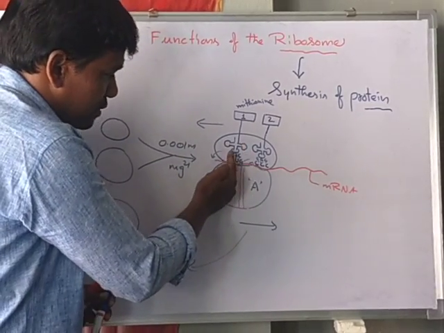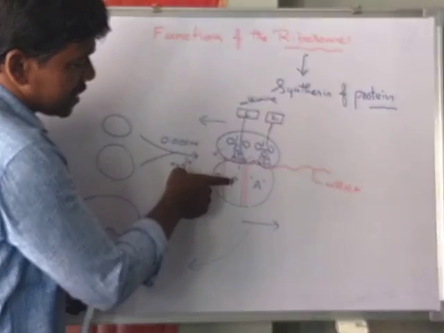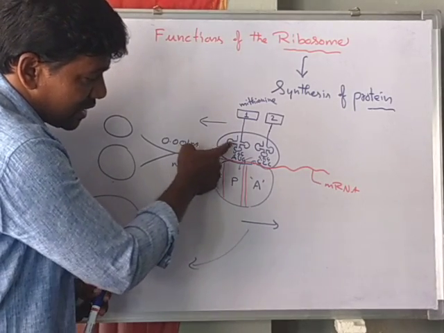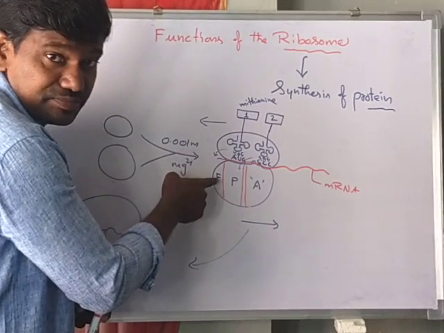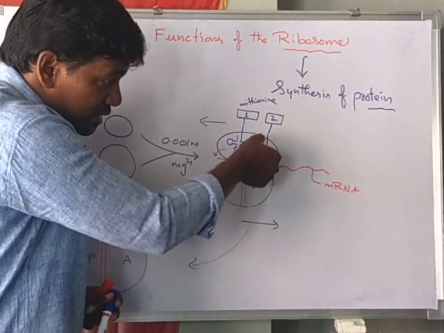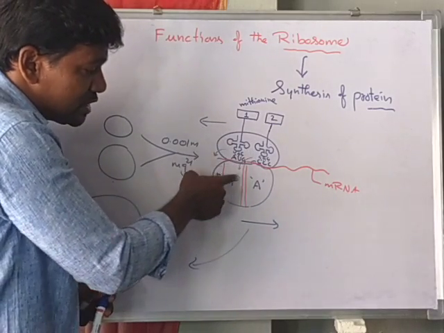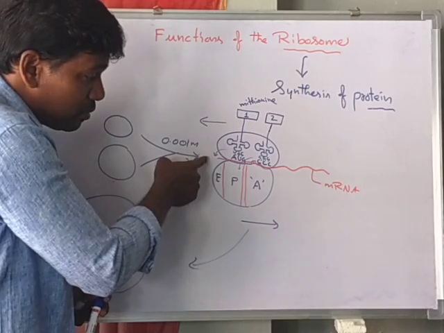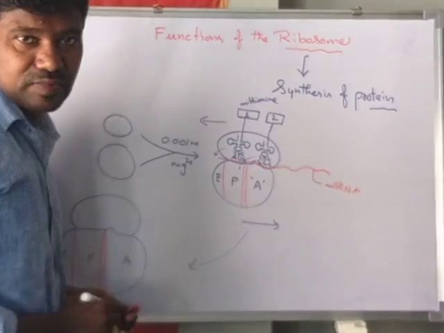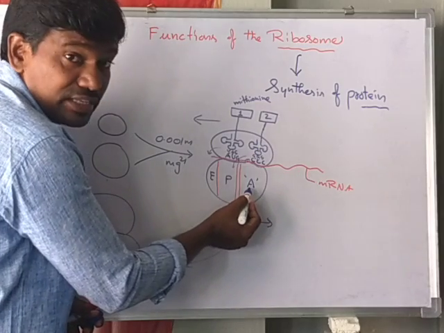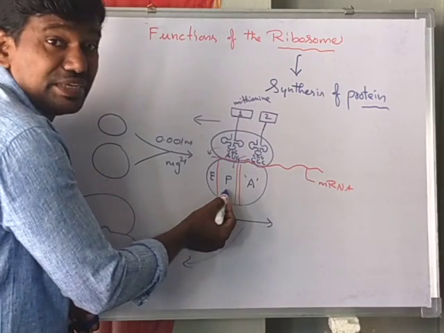The first tRNA which is present on the P site comes into the A site. When the ribosome moves, the tRNA moves in this direction. That's why the first tRNA present on the P site moves into the A site. Then the second tRNA which is present on the A site comes into the P site.